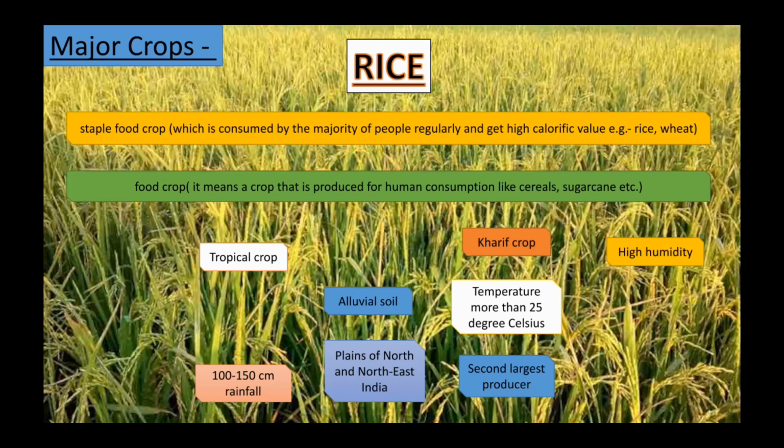You may say states like Assam, West Bengal, Odisha, Bihar, parts of UP, Andhra Pradesh, Telangana, Tamil Nadu, Kerala, Maharashtra, all these areas grow rice well.